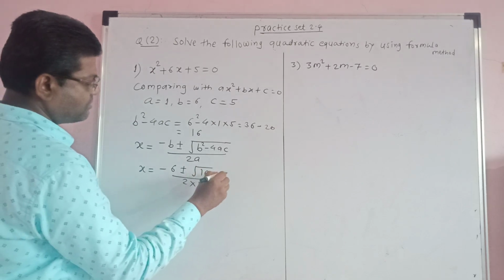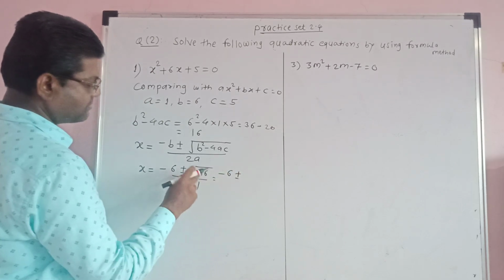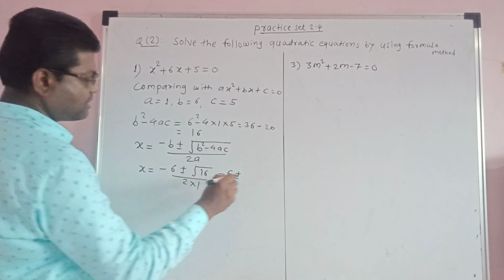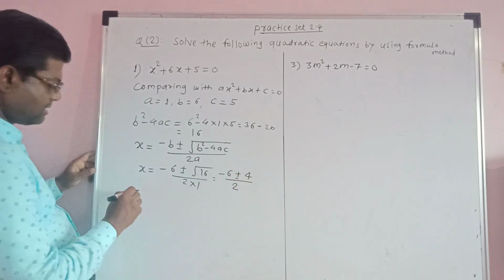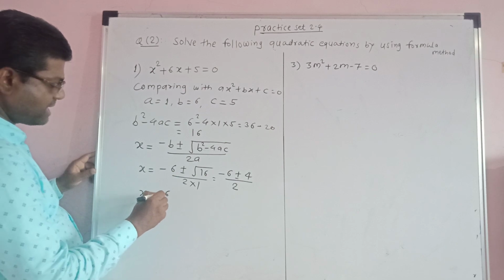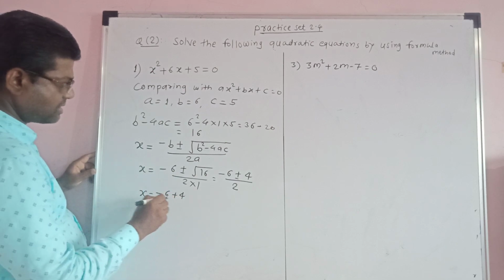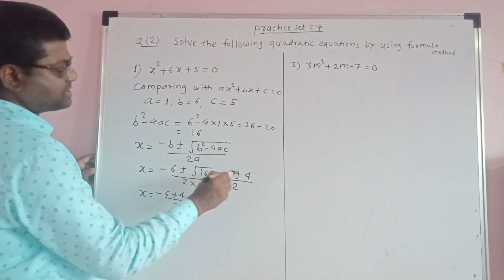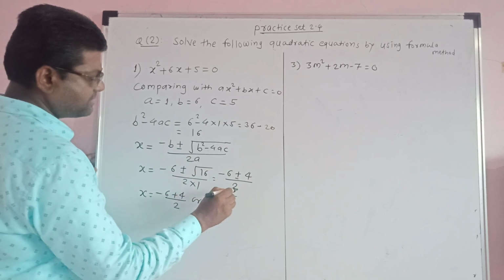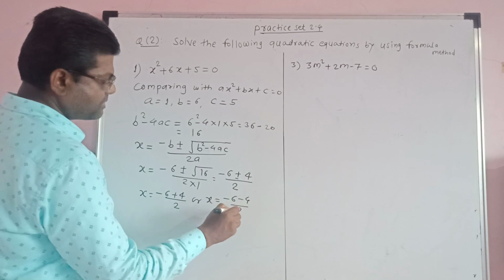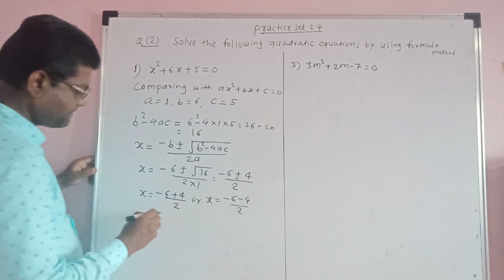So x is equal to minus 6 plus minus square root of 16 is 4, divided by 2. Therefore x is equal to minus 6 plus 4 upon 2. Take at first plus sign. Then x is equal to minus 6 minus 4 upon 2. Take then minus sign.